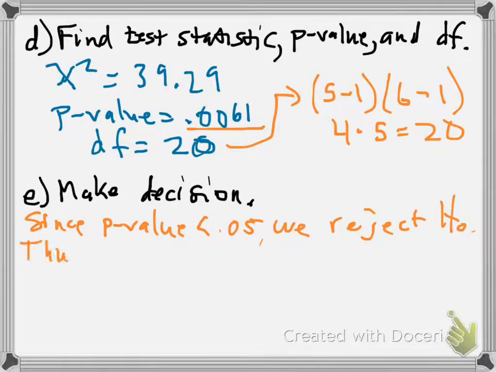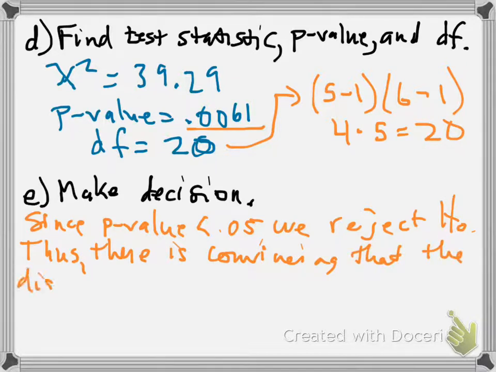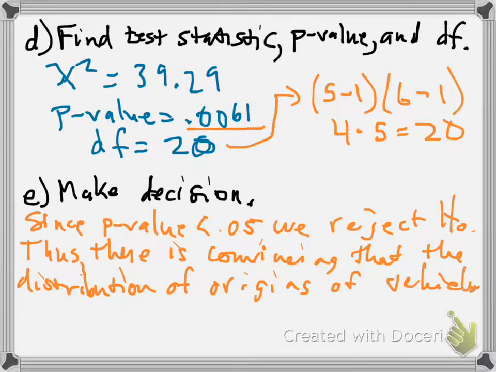Thus, there is convincing evidence that the distribution of origins of vehicles is not the same. We'll just say for these states.